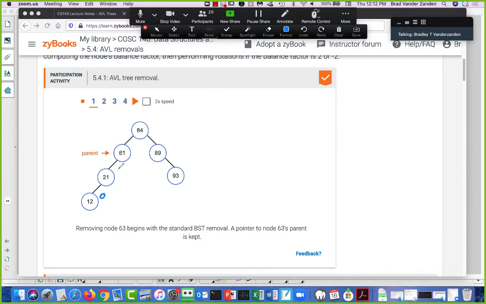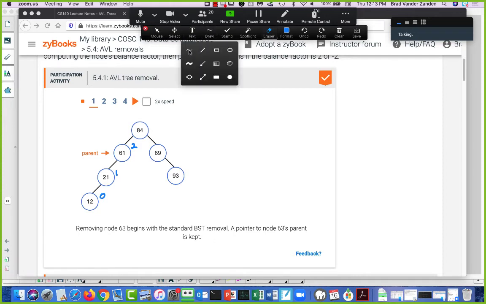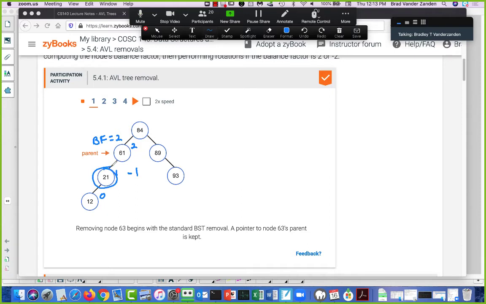It is 0, this is 1, this is 2. The height of this subtree is minus 1. So the balance factor at the parent is 2. So it's imbalanced, and it's a zig-zag case, so we're going to rebalance about 21.